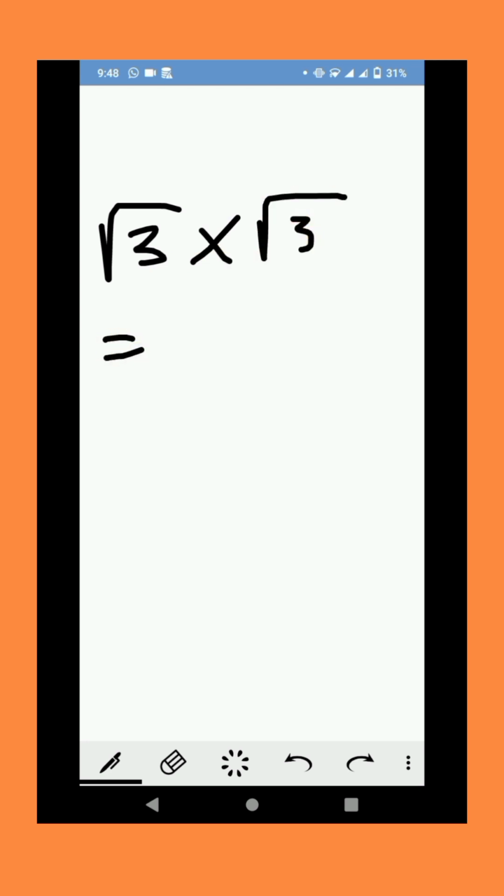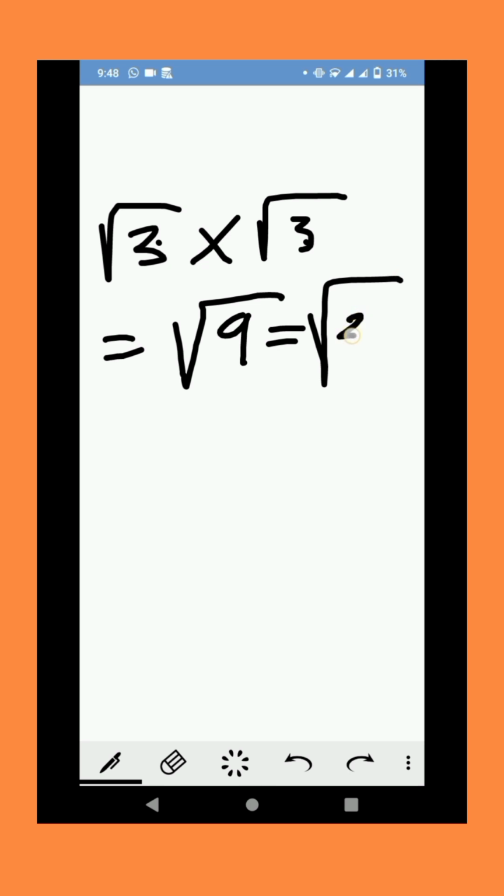Now in real figures, root 3 times root 3, like surds now, if you follow up easily, 3 times 3 will give you 9. And we know that 9 can be expressed as base 3 to the power 2. And like we already know, the square can take care of the square root, and that's why you have 3.